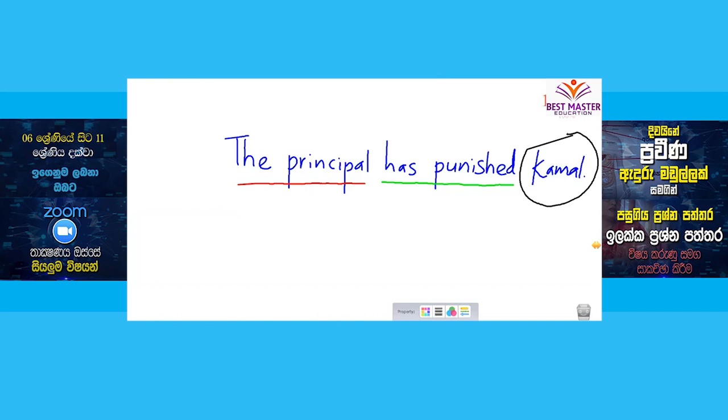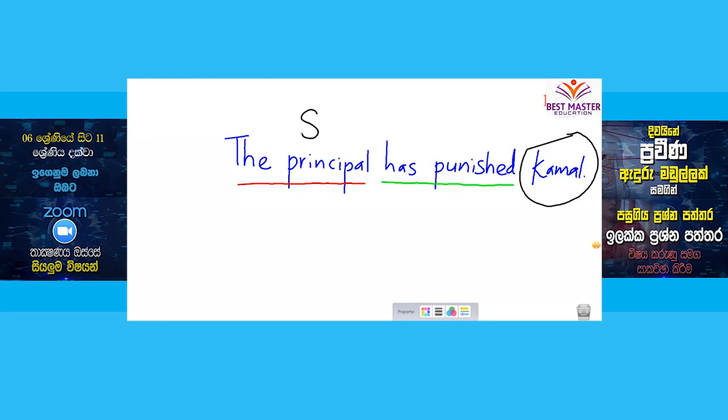Today, I want to tell you how to write a passive sentence by using a present perfect sentence. It means we are going to turn this sentence into passive voice. This is an active sentence because the subject is here.